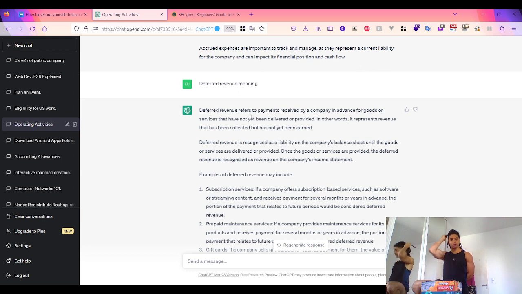Cool, great. Now deferred revenue is payment that you have collected for good and service that you haven't provided.